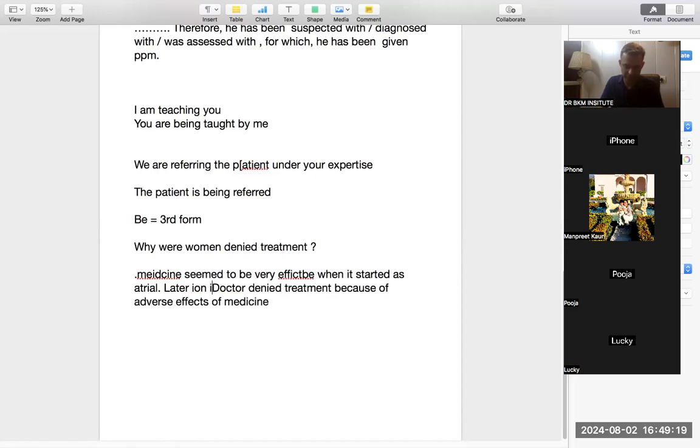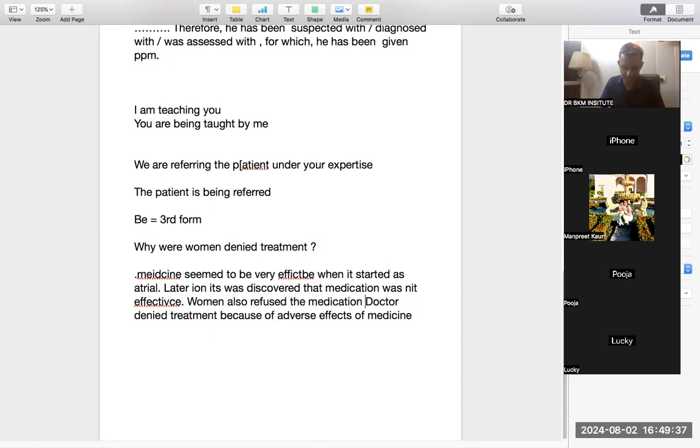Later on, it was discovered that the medication was not effective. Women also refused the medication as it was ineffective.